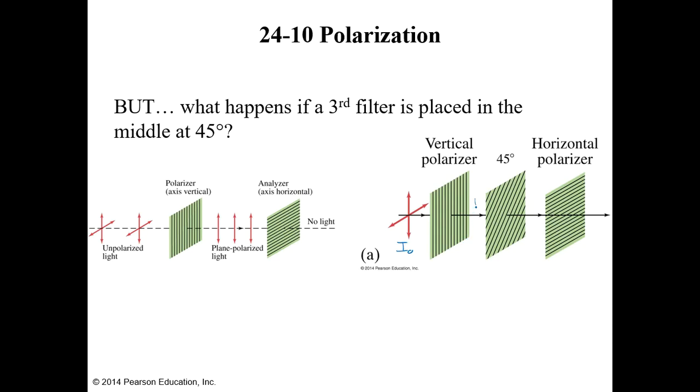Then here I'm going to have vertically polarized light at some intensity I1, which follows: I1 would equal I naught times the cosine squared of 45 degrees, which is 1/2. Cosine of 45 is square root of 2 over 2. Cosine squared then would be the square of that, so 2 over 4, or 1/2.